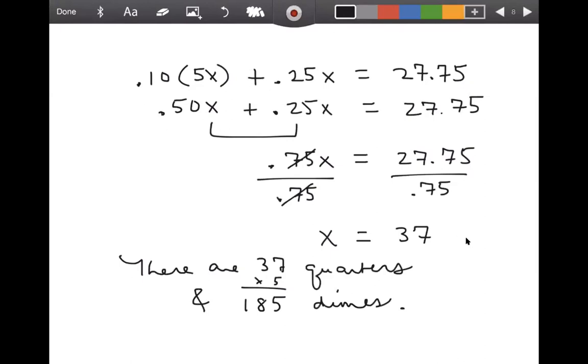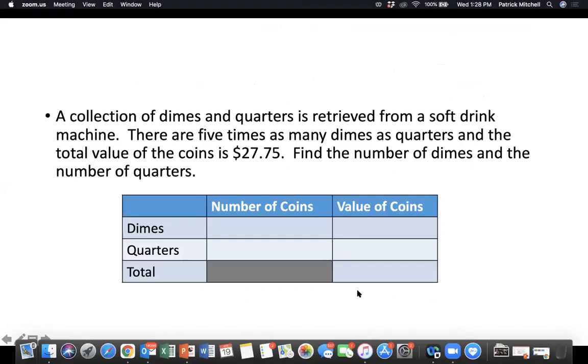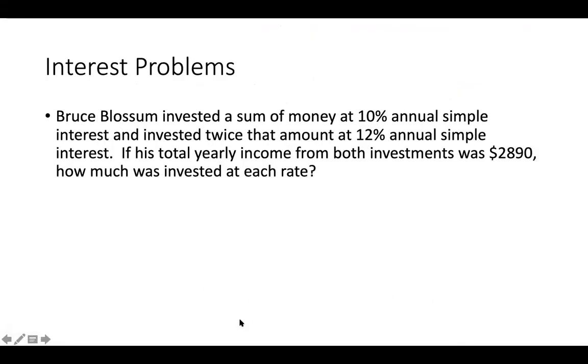All right, I believe that brings us to our last example. You're not going to see too many of these in the homework because I'm saving most of them for chapter 4. But this is one we can do now. Bruce Blossoms, so that's kind of a fun thing about your textbook author. She loves to put the names of people she knows in the word problems.